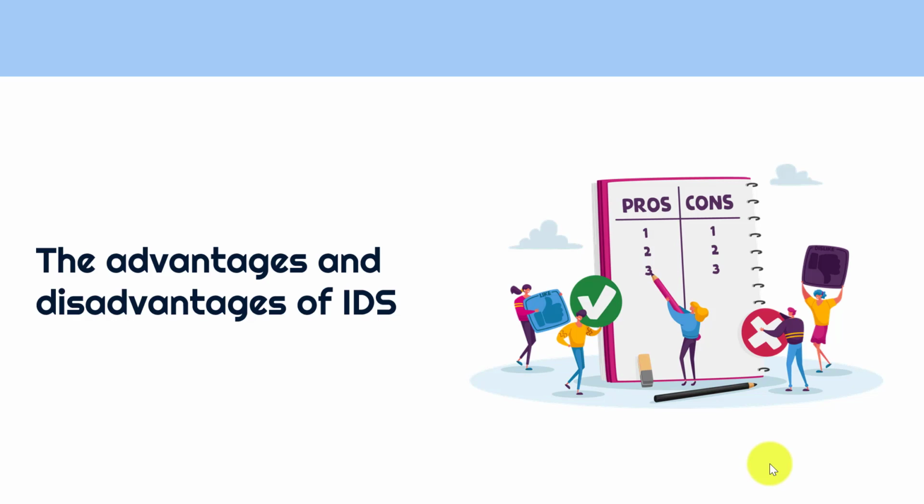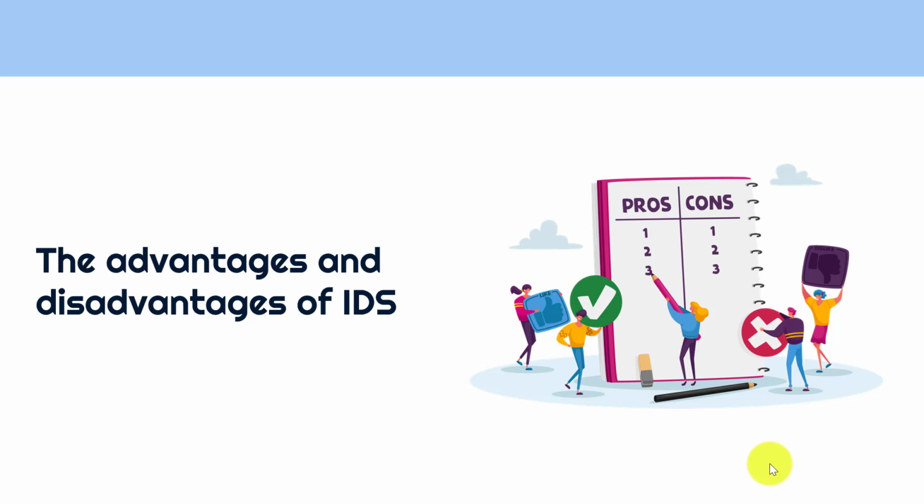It can detect intrusion or malicious activity that may go unnoticed by other security measures. And another advantage is customizable. Many IDS are highly configurable, allowing administrators to tailor the system to their specific needs.